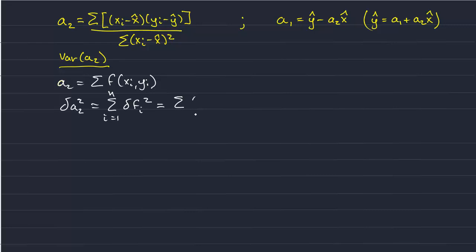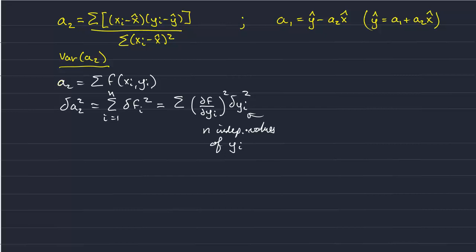So we can write that square error as the partial derivative of f with respect to each value of y times the uncertainty or error of y, and those are both squared. And again, this is the sum of errors for n independent values of y.